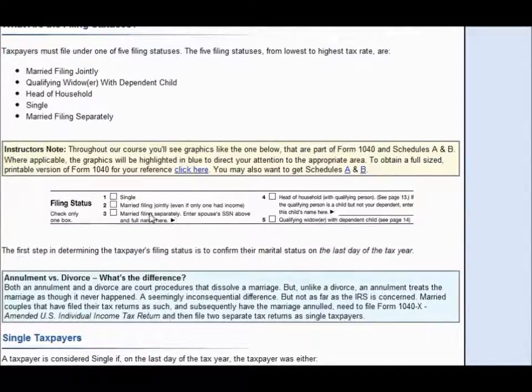Notice, here is something consistent that you will see on 1040 and 1040A forms, the filing status boxes. As you can see, 5 here, 5 there. Now, the first step in determining the filing status is to confirm their marital status on the last day of the tax year. That is December 31st.